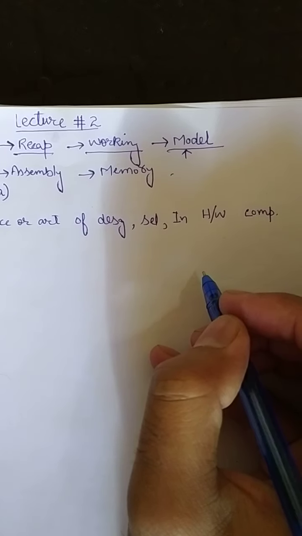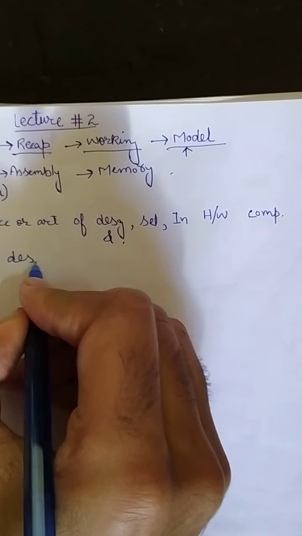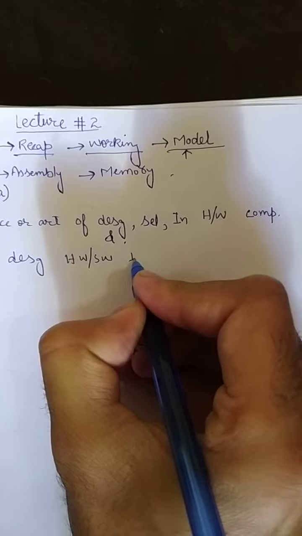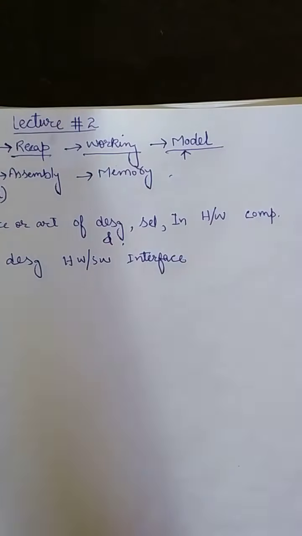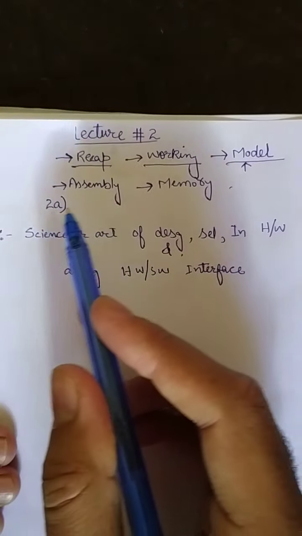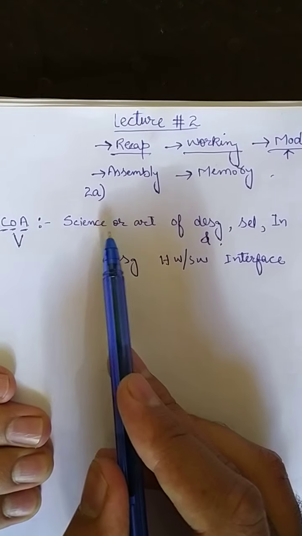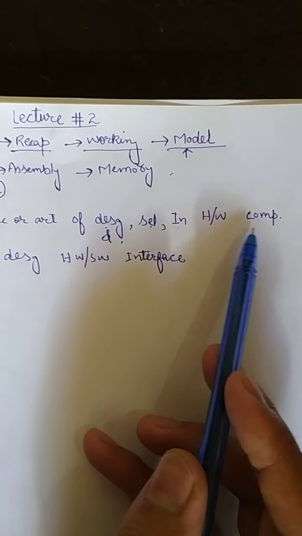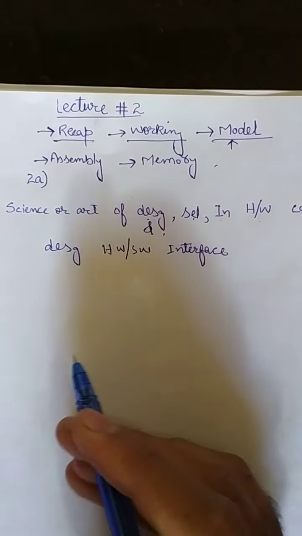and designing the hardware software interface. So this is the complete definition of computer organization and architecture: science or art of designing, selecting and interconnecting hardware components, and designing the hardware software interface.